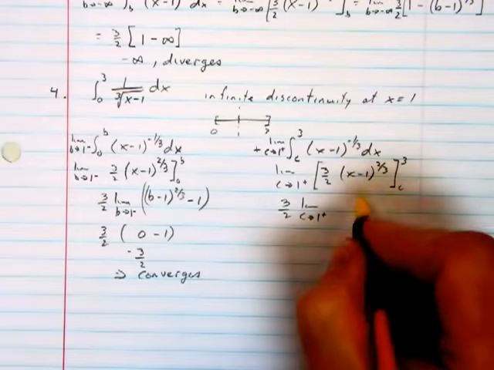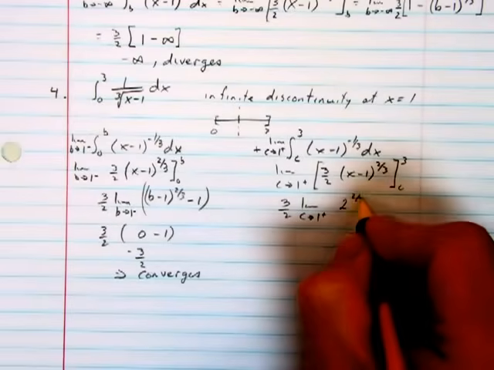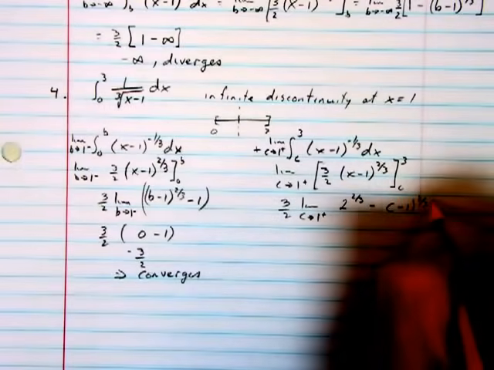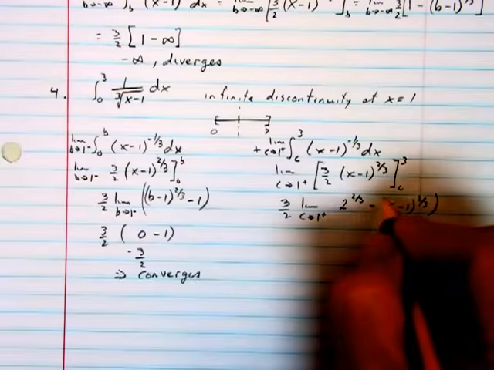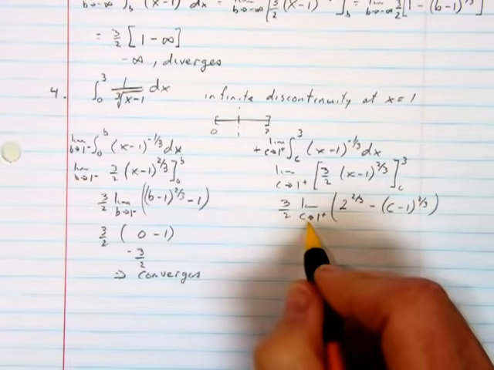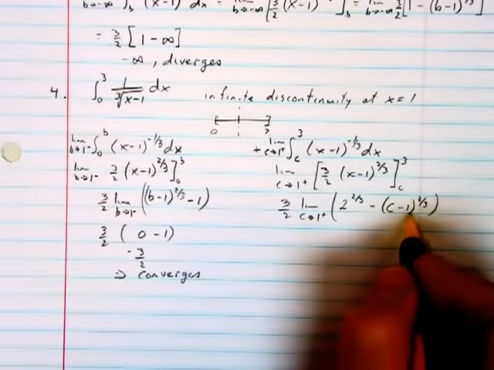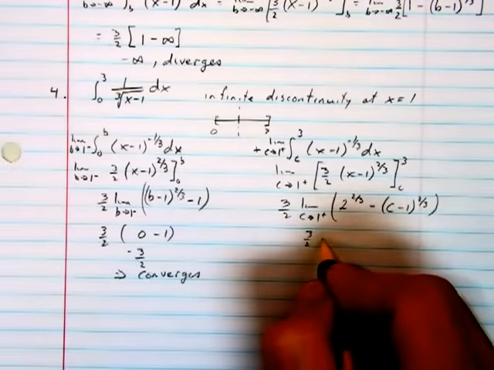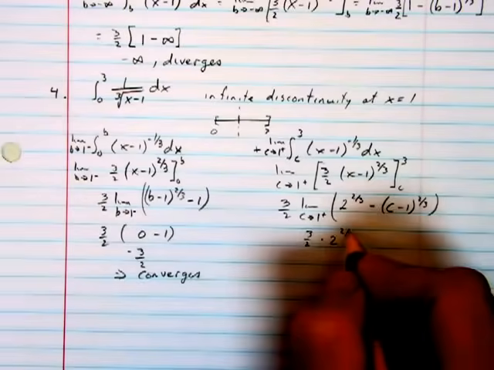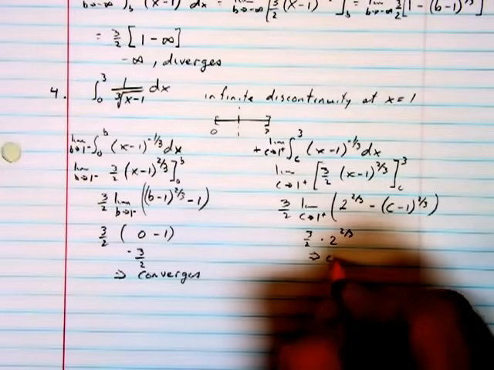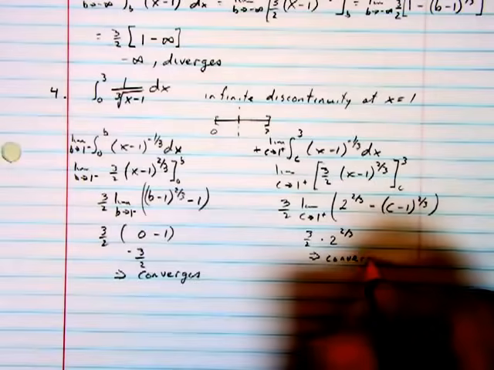We'll have 3 minus 1, which will be 2 to the 2/3, minus (c minus 1) to the 2/3. When we evaluate it, as c goes to 1 from the right side, this is going to go to 0, so we'll be left with 3 halves times 2 to the 2/3. This also converges.